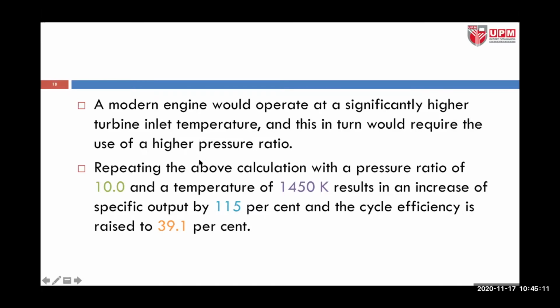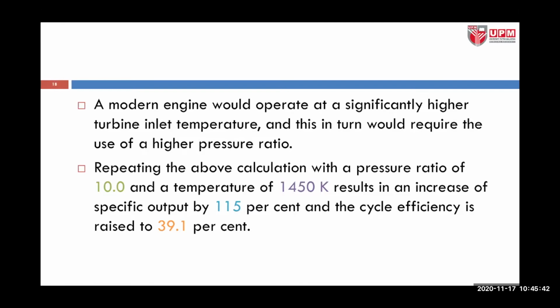If you repeat the calculation with a pressure ratio of 10 and a temperature of 1450 Kelvin, it will result in an increase of the specific output by 115%, and the cycle efficiency is raised to 31.1%. I would like you to try the same approach for example 2.1, and use a pressure ratio of 10 instead of 4.